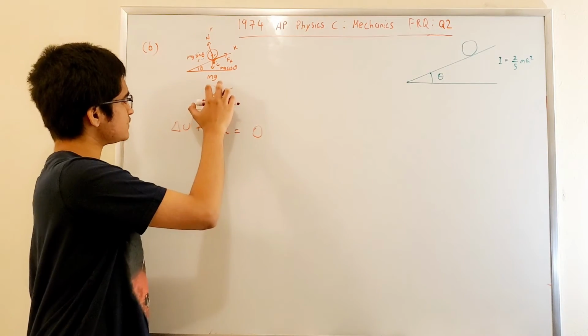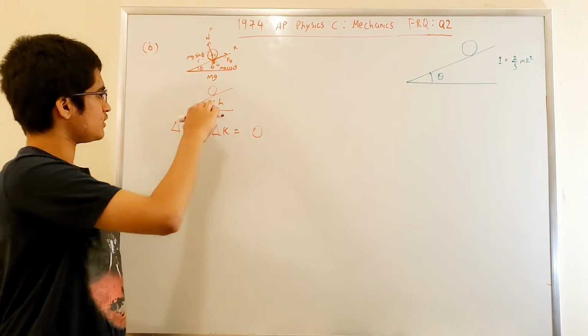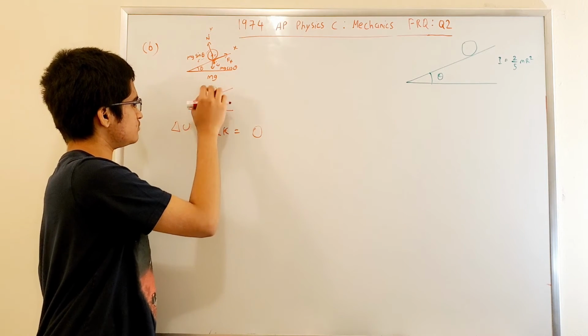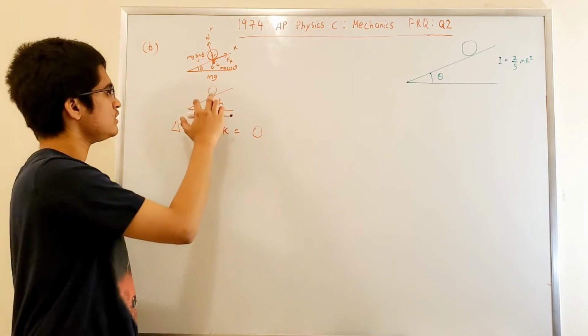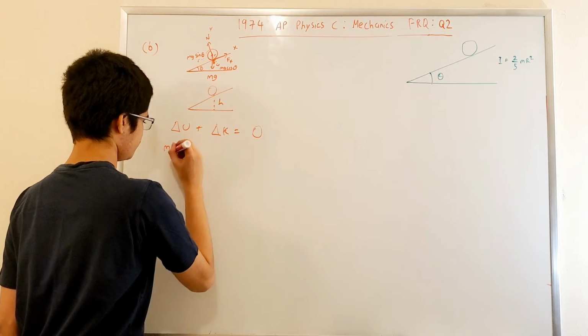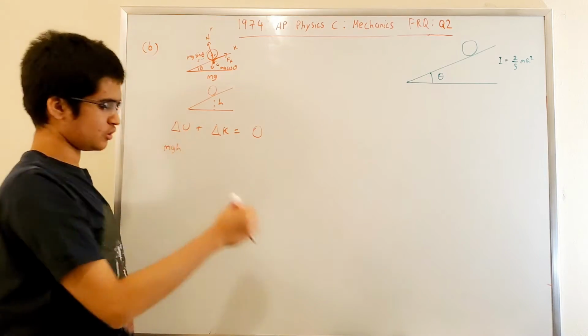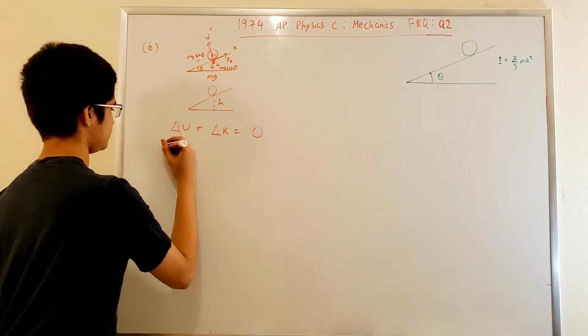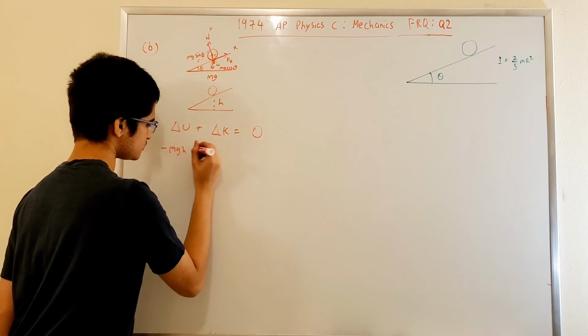Our initial potential energy is going to be mgh, and our final potential energy is going to be 0. So our change in potential energy is negative mgh.